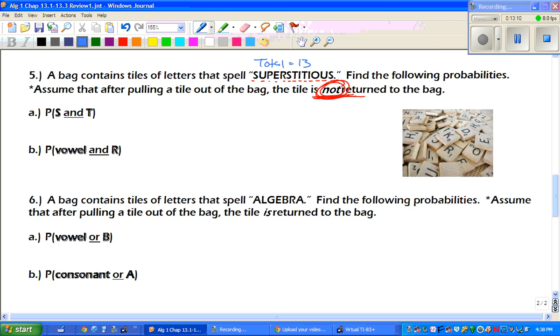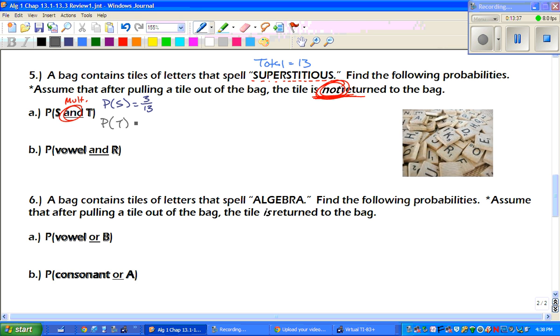Let's take a look. And means to multiply. So a probability of getting an S would be 1, 2, 3. So 3 out of 13.